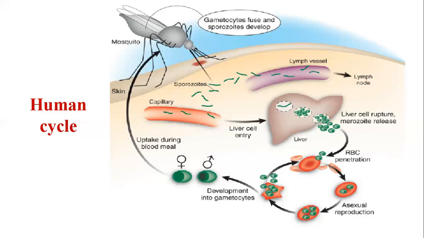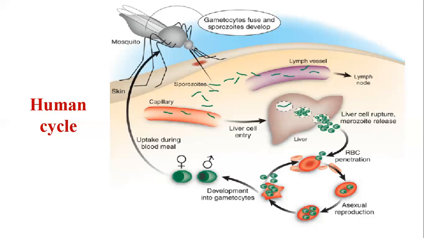And the vesicles eventually disintegrate at the lung capillaries. Here you can see the vesicles disintegrated and merozoites are coming out at the lung capillaries, and they enter the blood phase of their development.